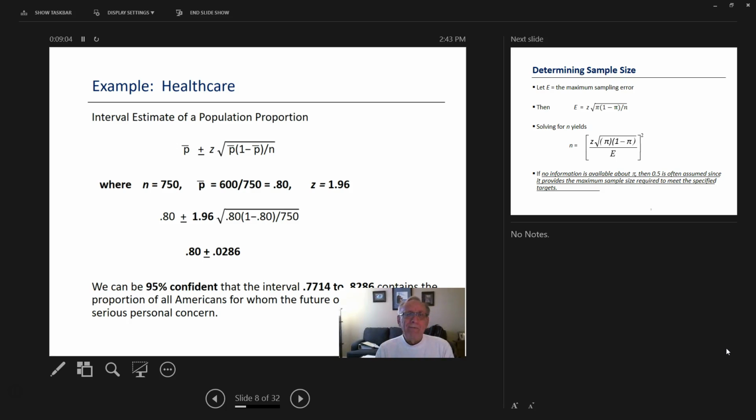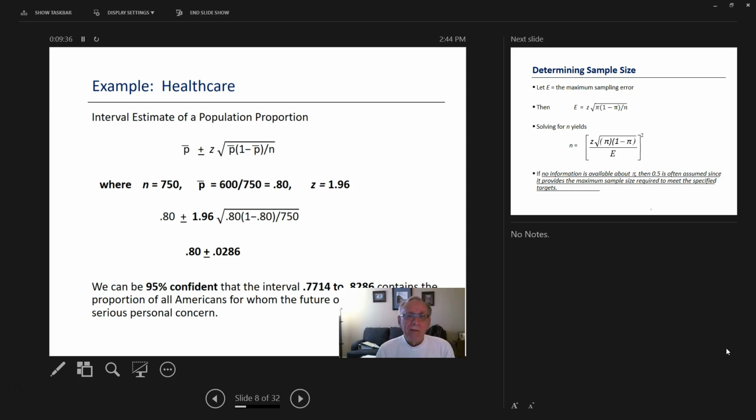We're looking at a 95% confidence level, and if we go to the Z tables, we remember that 95% represents a 1.96 Z-score, and then we put it through the formula, 80% times 1 minus 0.80, or 80% times 20%, divided by 750, that was the sample size, gives us our interval.